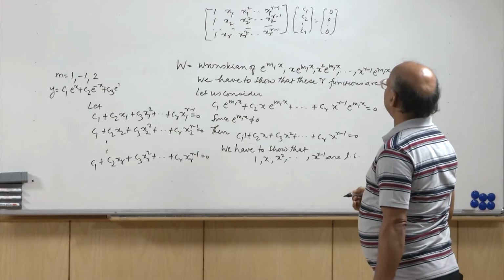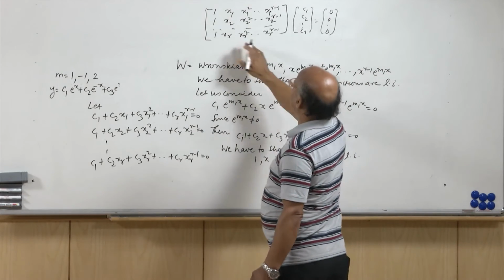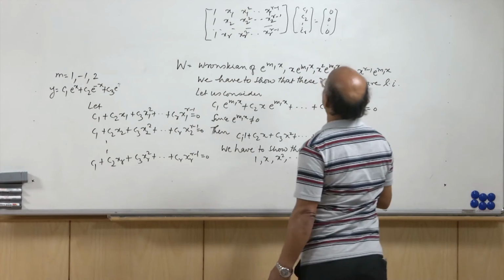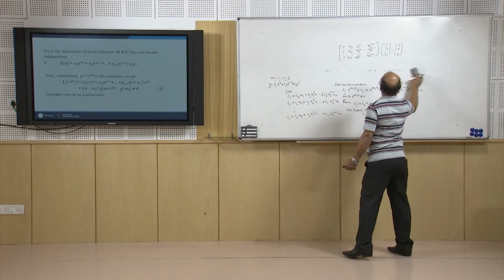This system will have only the trivial solution provided the determinant of this matrix is non-zero, and it is non-zero because it is a Vandermonde determinant.